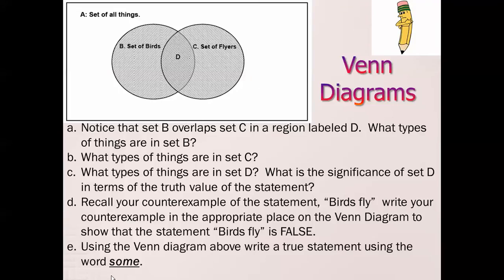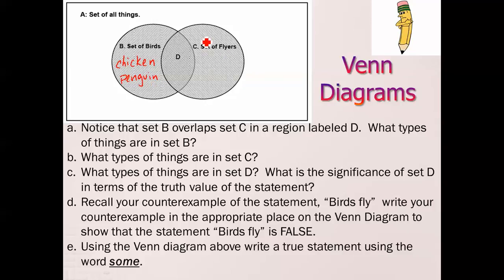Alright, Venn diagrams. Notice this set B overlaps set C in a region labeled D. So what types of things do we see in set B? What types of things are in set C? I'll give you an example. In set B are birds that don't fly. For example, a chicken or a penguin would go here.